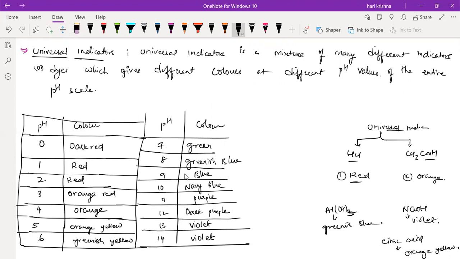Okay, one more question. I'll call your name. Harshil, what is the color of universal indicator? What is the color of universal indicator?